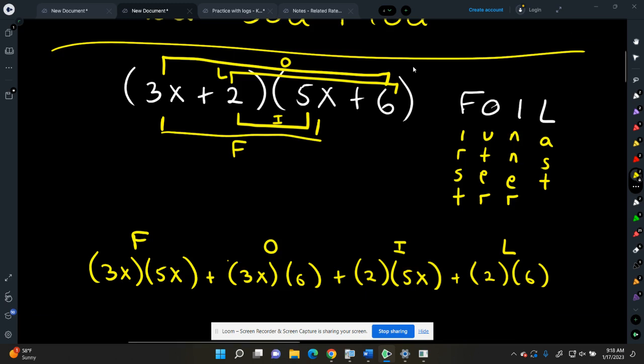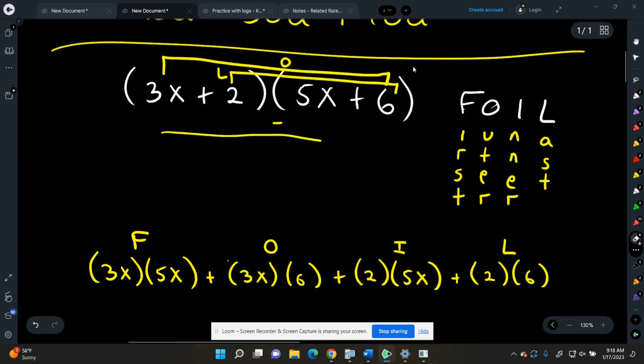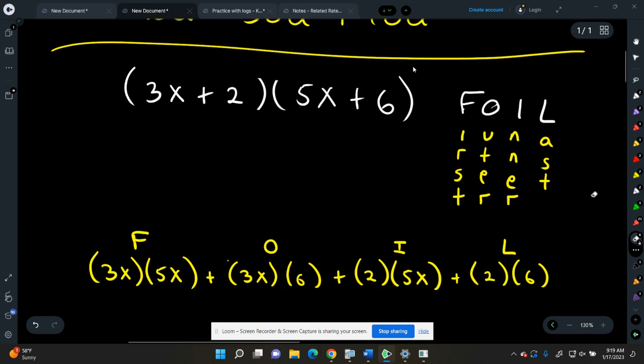Okay. I'm going to go back, make sure you understand where the first, outer, inner, and last came from. Okay, let's look at it again. The first terms.